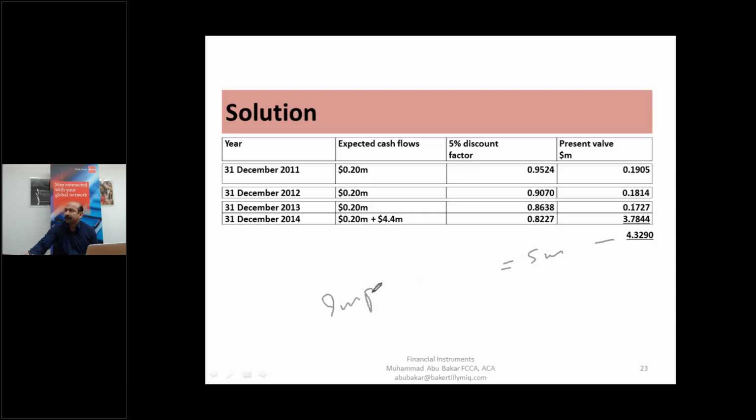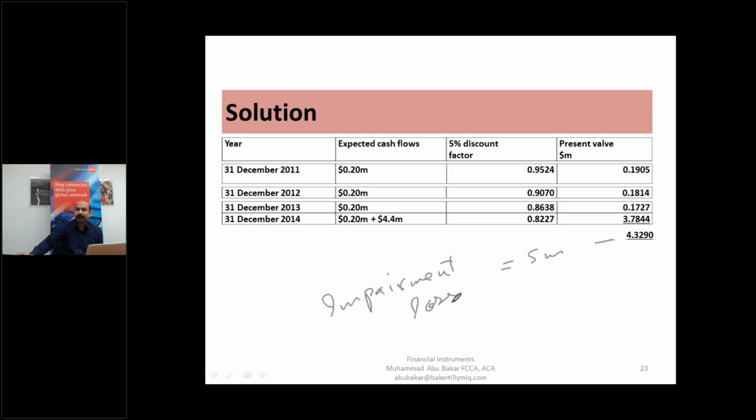This impairment loss will be charged to this financial asset. This is the old approach.